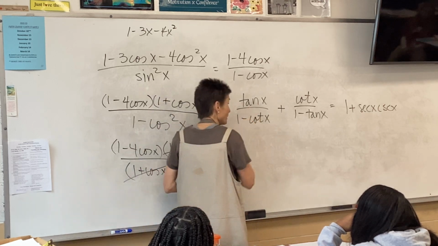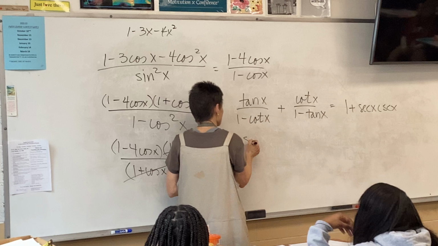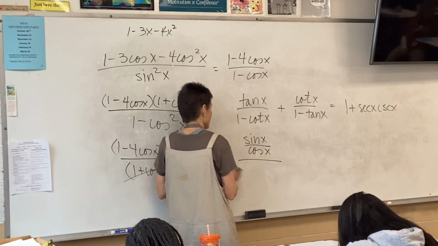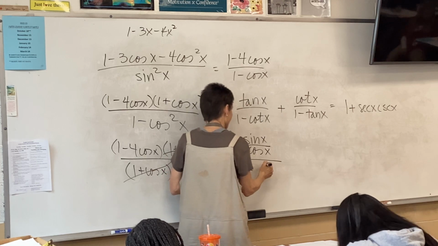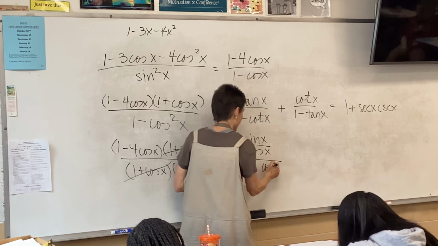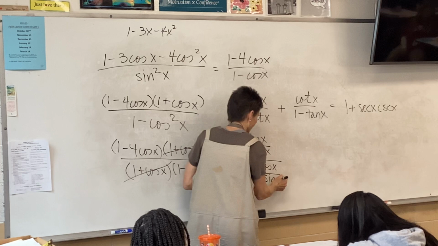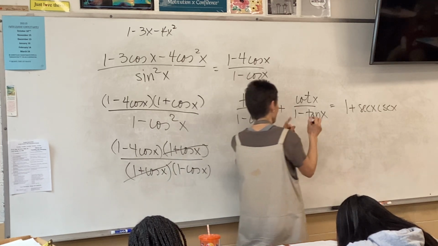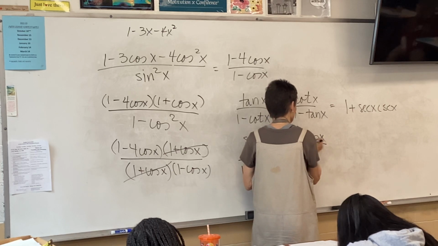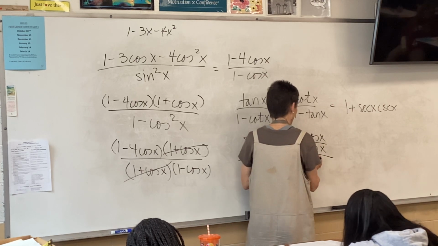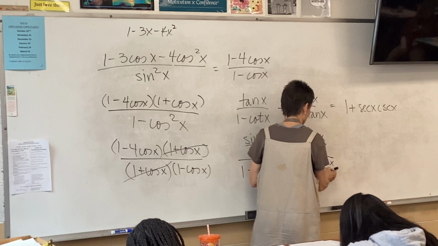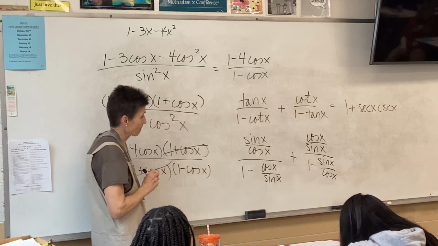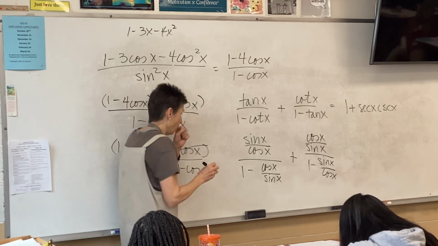So what's tangent? Sine over cosine. And what's cotangent then? Cosine over sine. Alright, plus, now this is one fraction. Then we got this one, which is going to be cosine over sine over 1 minus sine over cosine.